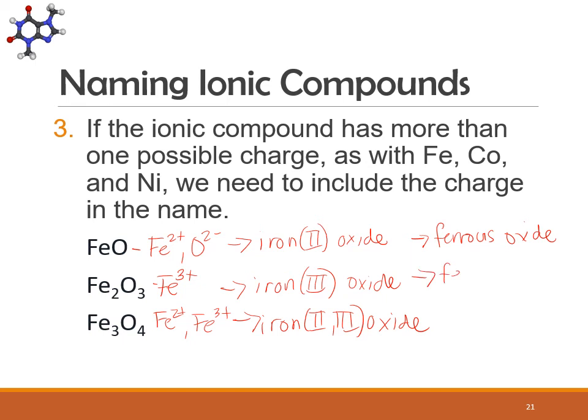This compound is referred to as ferric oxide, and this one is ferric oxide. Both of these forms are correct, but the one with the name iron is newer, and it is the more accepted name for this compound.